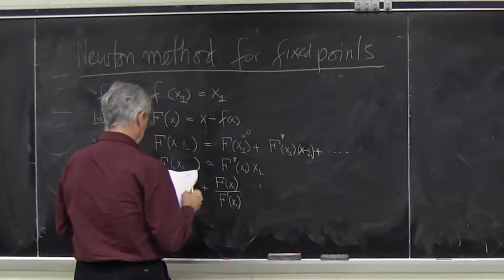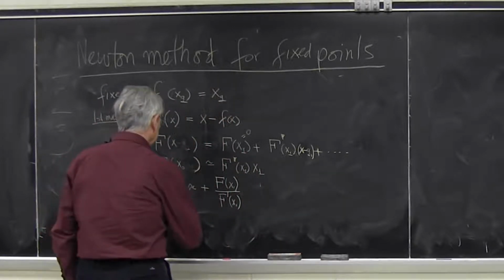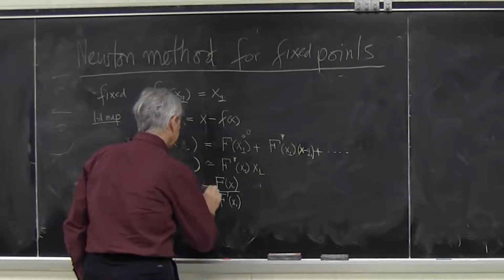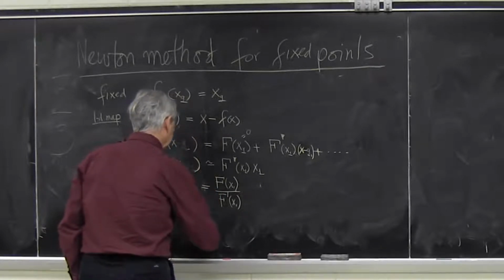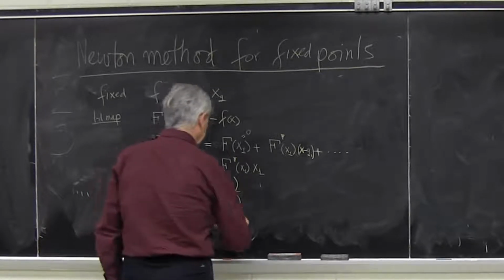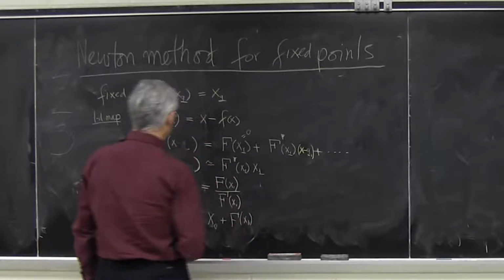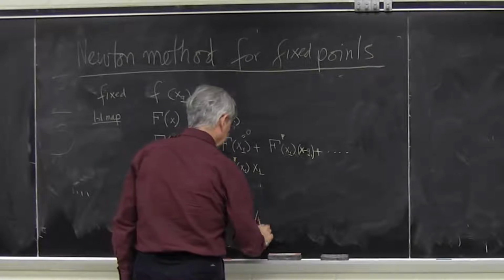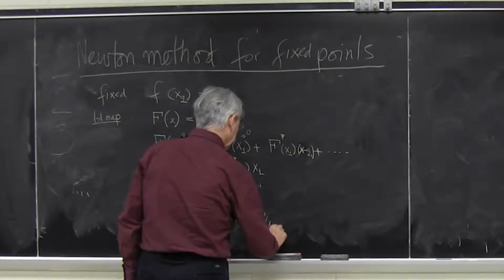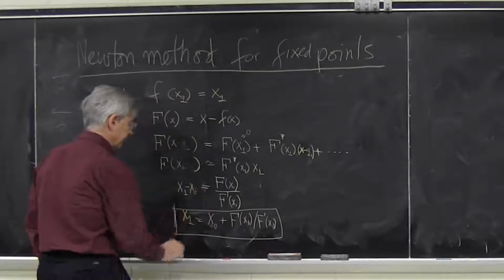And I get a Newton formula which says it's what I used to be, but then I measured the error at that point. That's the value of this function, how far am I from the zero. I divide it by the first derivative, also evaluated at that point. And I get the next, hopefully better, guess.